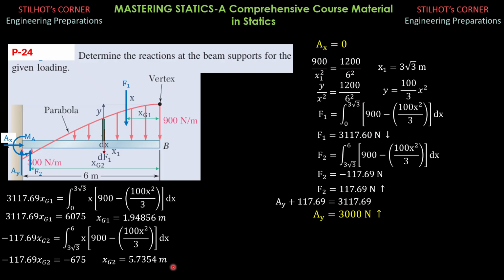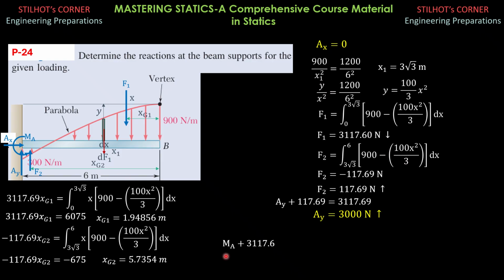Finally, we sum up moment about B considering counterclockwise positive. So MA plus F1 times xg1 then equals F2 times 5.7354 plus AY, which is 3,000 times 6.